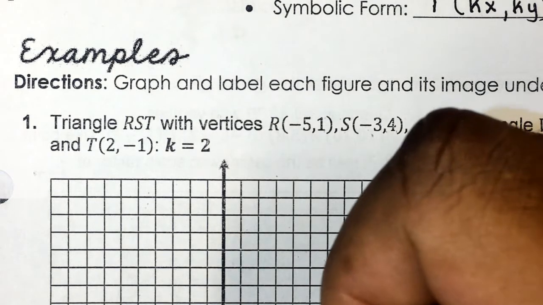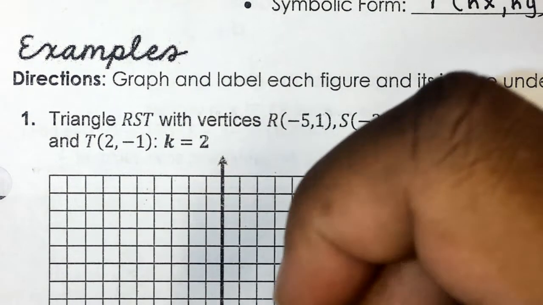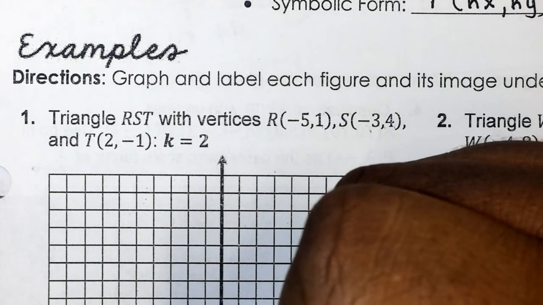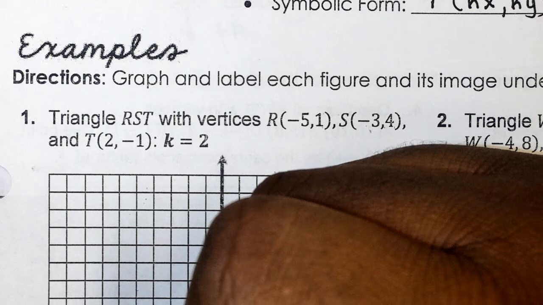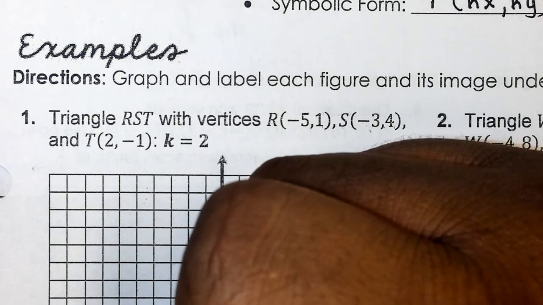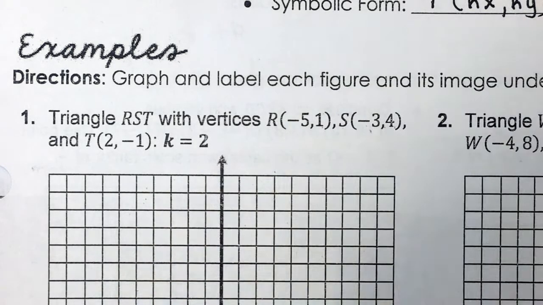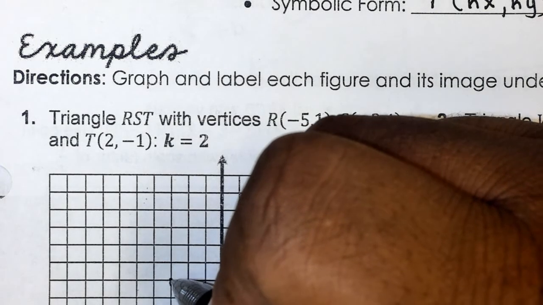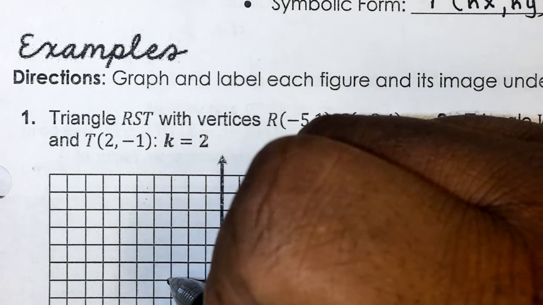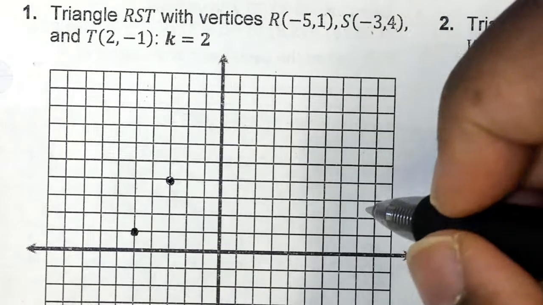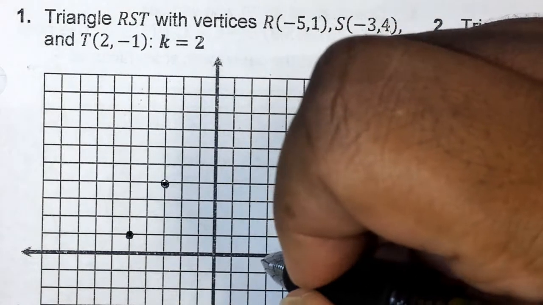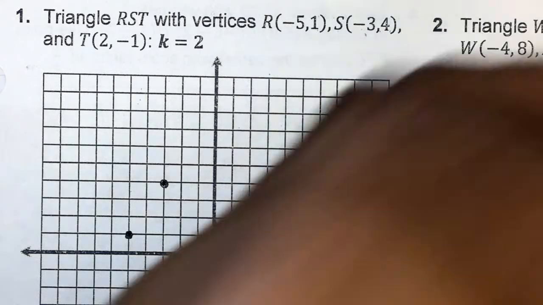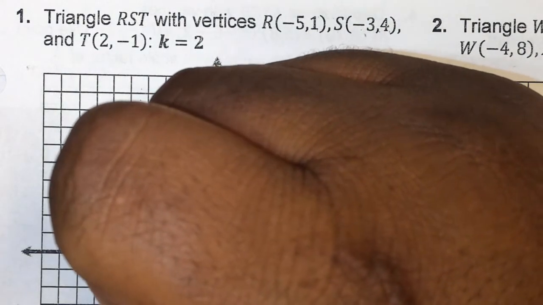Labeling is important, as always, to get all your points on before you label them, so you don't put your letter in the wrong spot. -5, up 1. -3, up 1, 2, 3, 4. And then 2, -1. So I wait till I get all my points on so I can see how my figure is going to shape, then I'll label.